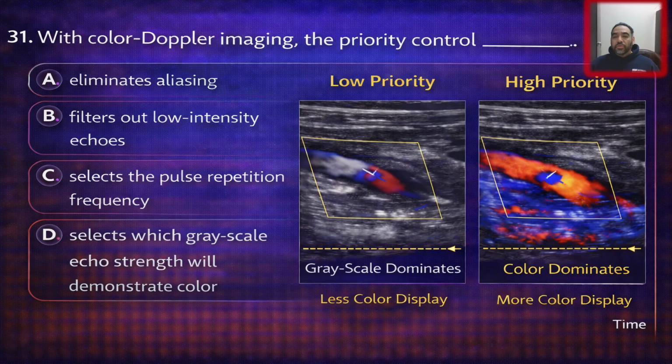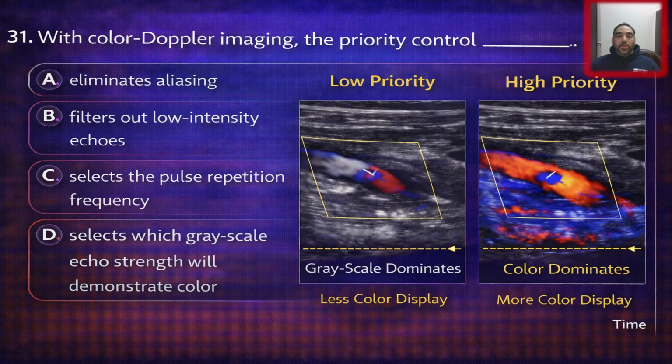Priority doesn't filter low intensity echoes; it determines whether color is overlaid on certain grayscale strengths. If you selected C, selects the pulse repetition frequency: PRF is controlled by scale control and depth, so priority does not affect PRF.